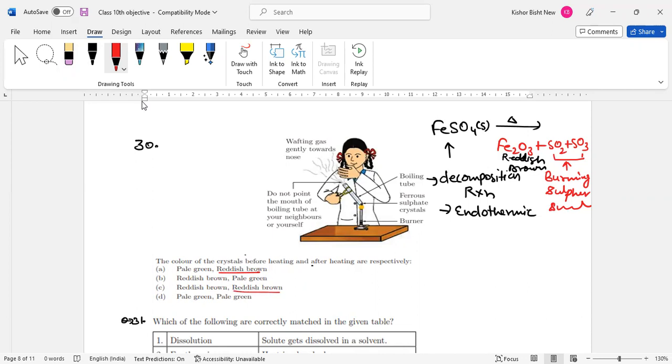So options B and C are directly incorrect. The second one is pale green, then reddish brown. If you remember, FeSO4 is a pale green color. So now option A is correct, and this is not reddish brown; FeSO4 is pale green. If you remember, ferrous sulfate aqueous solution is green.